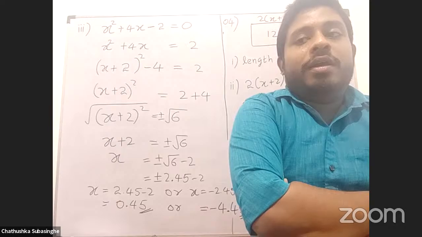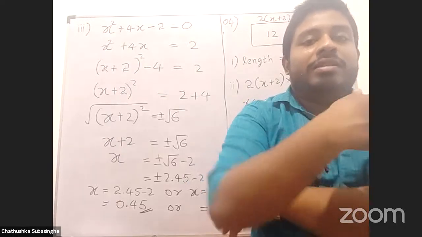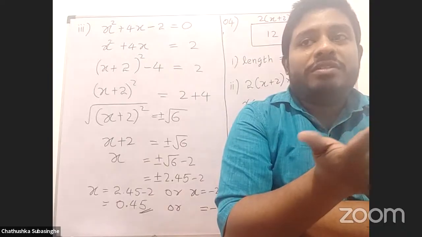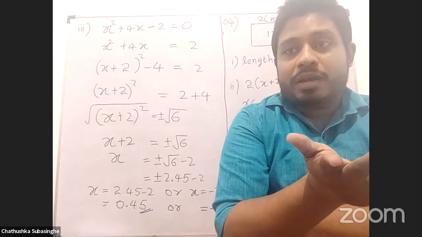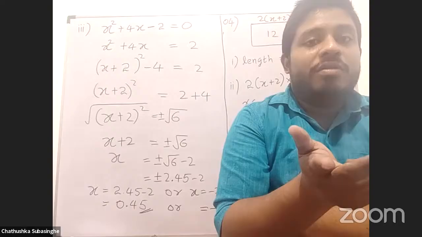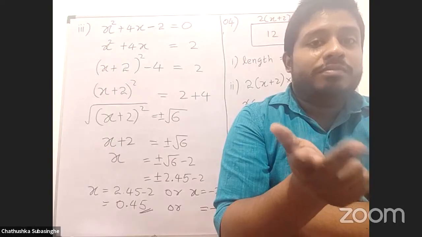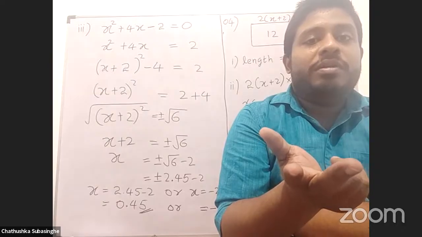Other lessons in number lessons are fractions, ratios, proportions, like man-based questions, right? Number of men doing a work. If you have any doubts with those questions, you can ask me, so I can put those kinds of questions into the paper also.